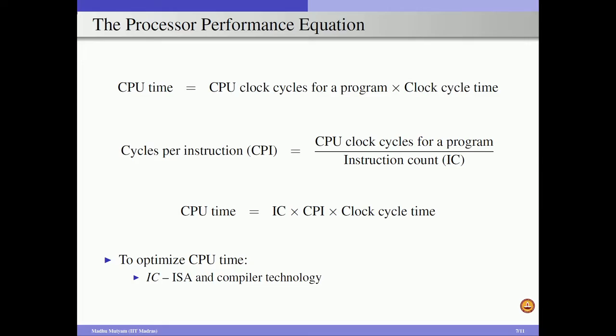So we can come up with a complex instruction to perform a complex task versus a simple set of instructions which may require 4 instructions to perform the task. Now in the complex instruction scenario, my IC is equal to 1. In the simple instruction scenario, my IC is equal to 4.